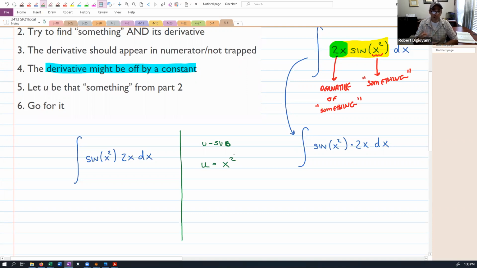Now, next step, I'm going to do implicit differentiation on this equation with respect to x. Now you may be like, oh no, implicit, what are we doing? I'm just going to take the derivative on the left side with respect to x and the derivative on the right side with respect to x. So the derivative of u with respect to x is du/dx, and the derivative of x squared is 2x.